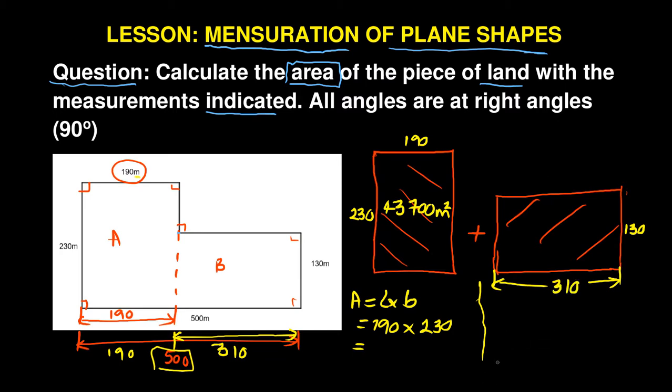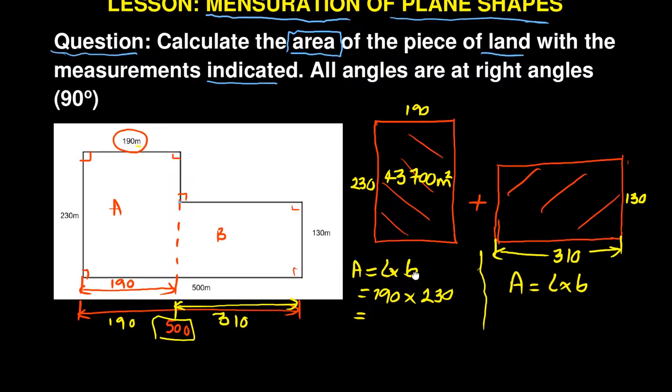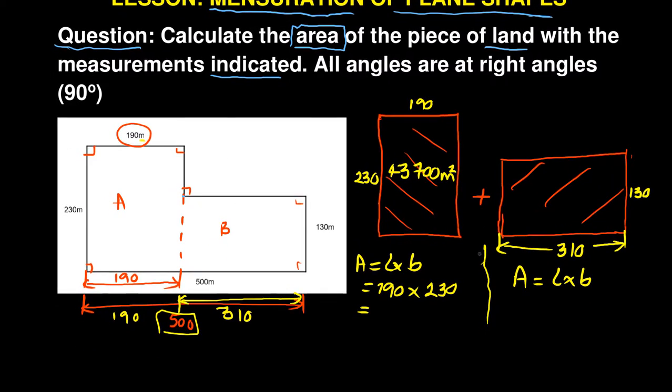So now I can again find my area, to say area is length times breadth. In that part, I have got my length as 310.